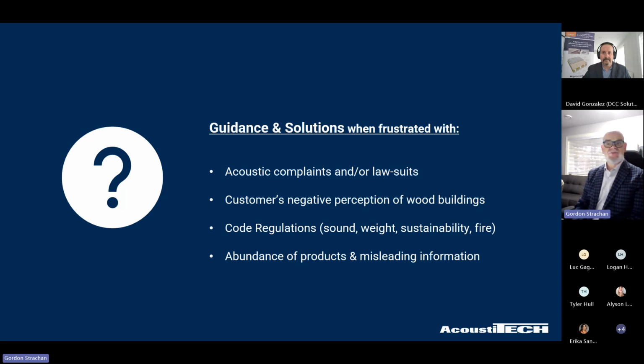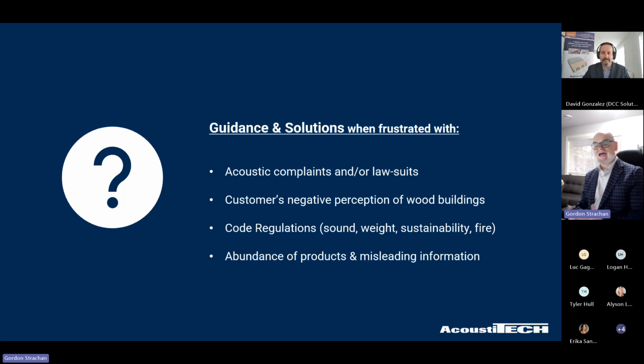We spend a lot of time dealing with acoustic complaints and in-law suites, things like that. The negative perception of wood buildings is a big factor, and it's constantly something that I deal with with builders and developers. Code regulations dealing with sound, weight, sustainability, fire. All of these are very important things that we deal with, and the abundance of products and misinformation on the market.